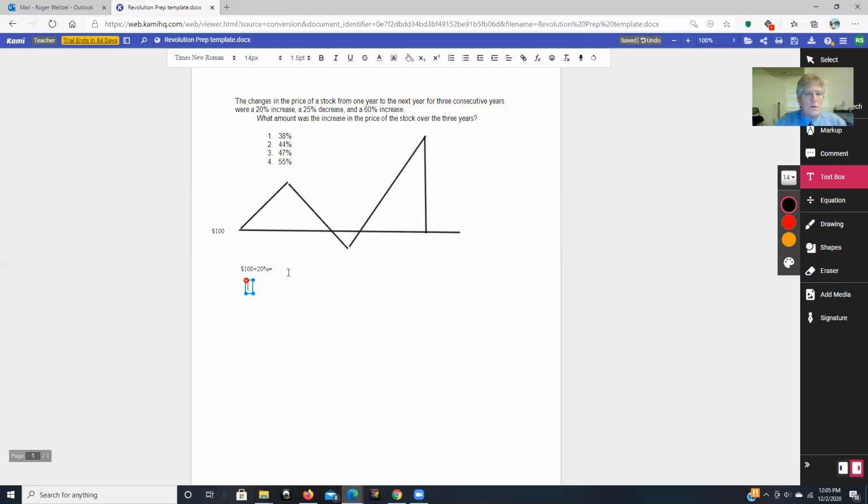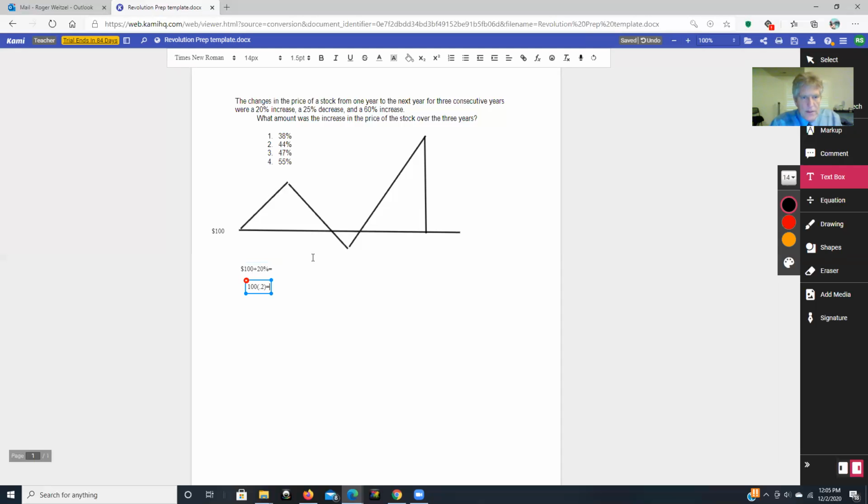All right, we know that 20% of 100 is $20, but we're going to work out our formula here so we can do it 3 times. So if we want to know what 20% of 100 is, we're going to take 100 and we're going to multiply it by 20%. But when we do arithmetic, we need to put this in the form of a decimal. So I'm going to change the 20% to a decimal, which is 0.2.